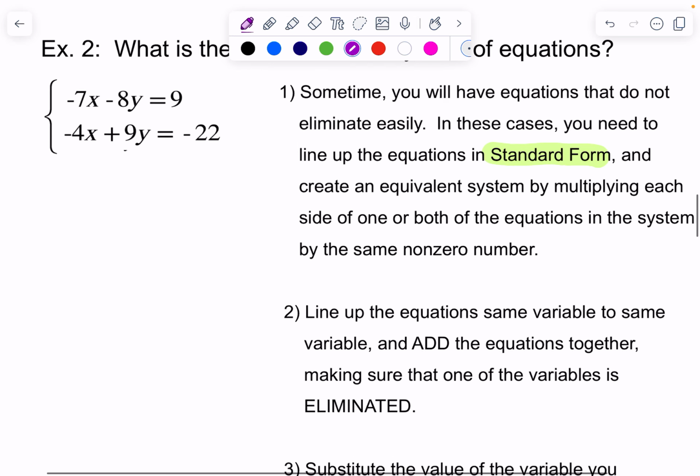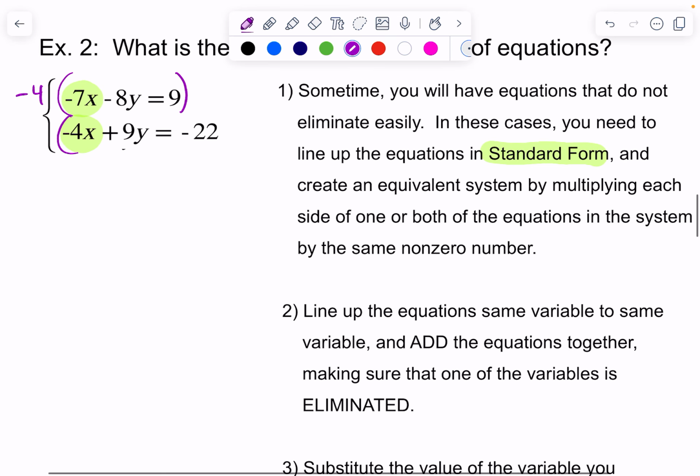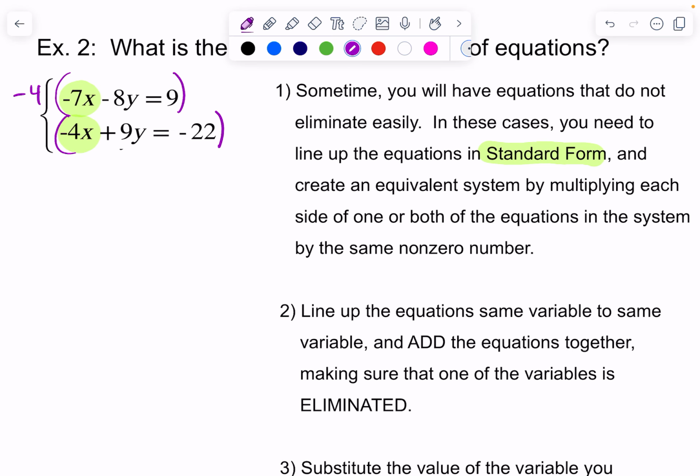For this particular case, me personally, I want to go ahead and eliminate the x's. So in order to do that, I have to make the coefficients opposite. So I'm going to multiply a negative 4 to this top equation and a positive 7 to the second bottom equation. Then I'm going to distribute these values to each value appropriately in each equation.